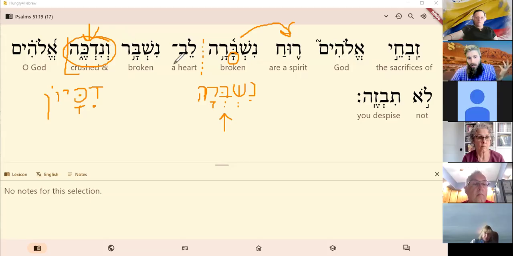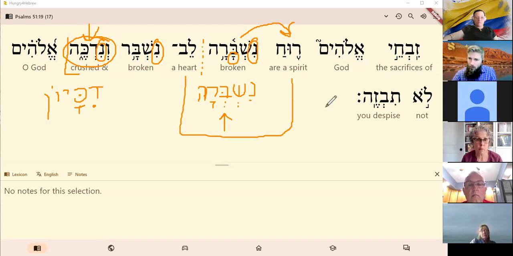Nifal. Exactly. Nifal, nifal, nifal, all three of these are nifal here. And can we say that heart and spirit are in parallel? Yes. Sure. Especially since they're both receiving the same adjective, ruach nishbara, lev nishbar.